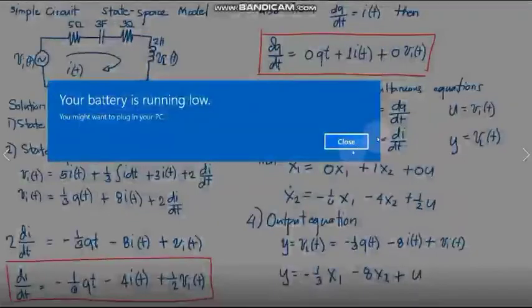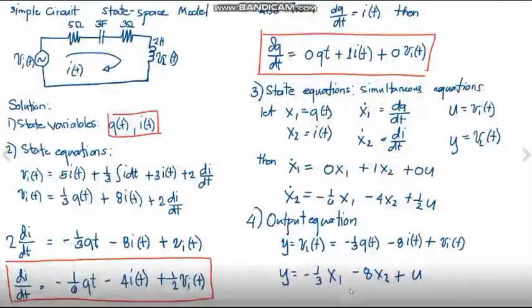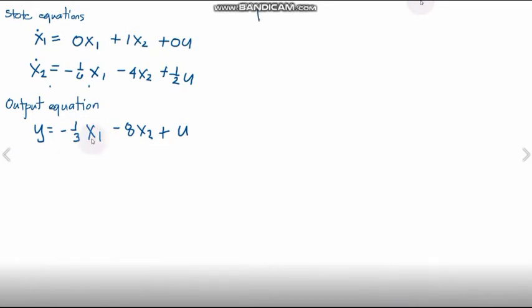So this is our output equation: negative 1/3 x1 minus 8 x2 plus u. Once more, these are the state equations, and this is the output equation.